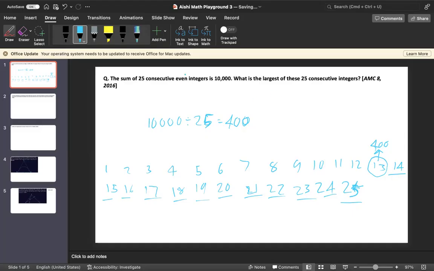And since we're going with even integers, we're going to do 400 plus, here's the catch, 12 times 2, because between each of the terms there's an interval of 2. This gives us 424 as our greatest term.